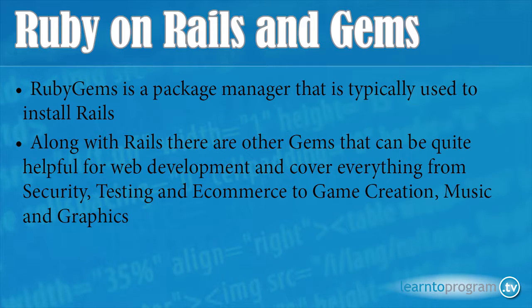It's also used to install other gems and other pieces of pre-written Rails code and Ruby code that you can add to your websites to allow you to create things more rapidly and to have libraries that have been written and tested for you that you don't have to go back and rewrite and reinvent the wheel every time. Along with Rails, there are other gems that can be quite helpful for your development and cover everything from security, testing, e-commerce, game creation, music, and graphics.